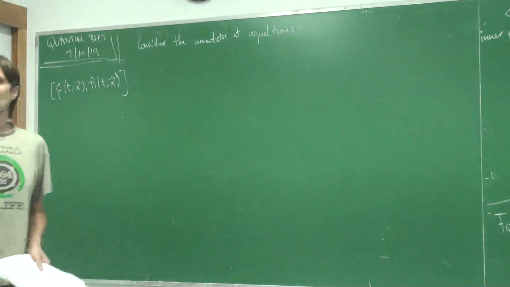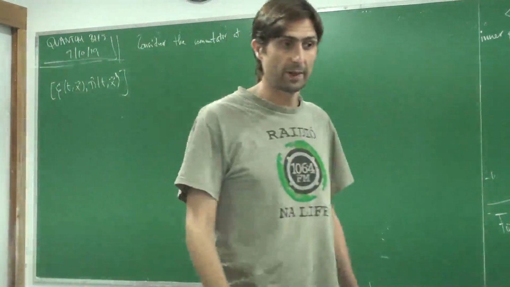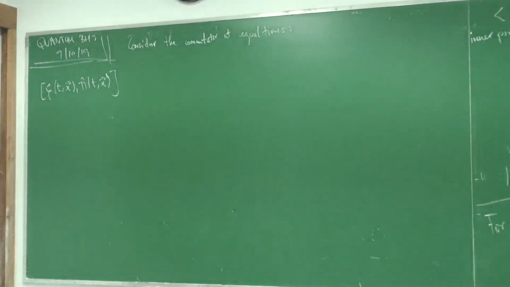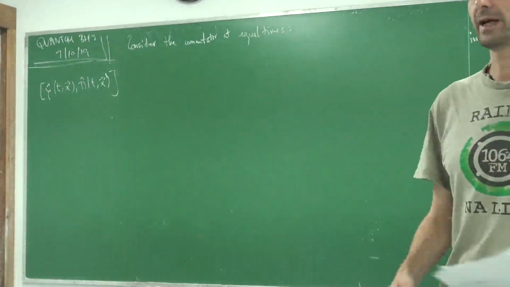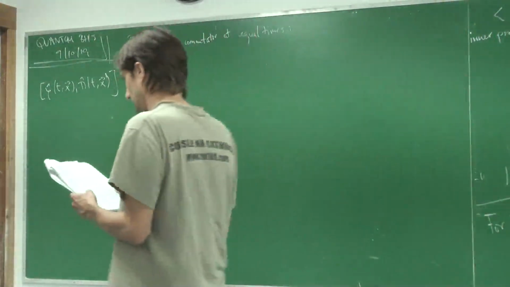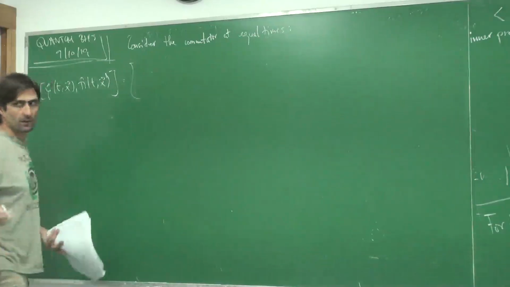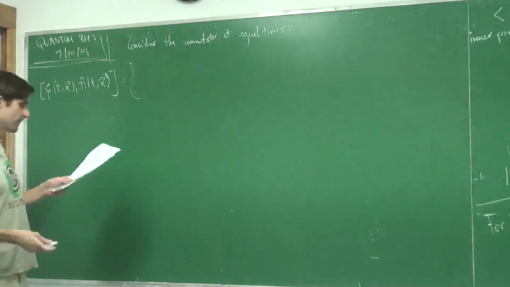Okay, this is the commutator between the field and the momentum at equal times. There's different spatial position at the same time t. So let's put in the values for phi and for pi.